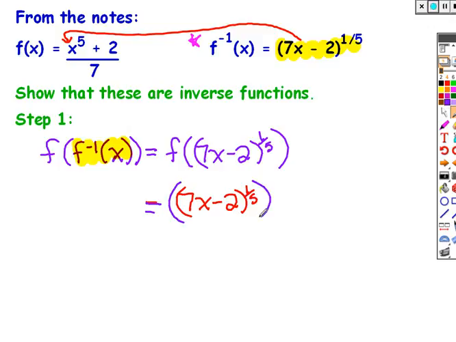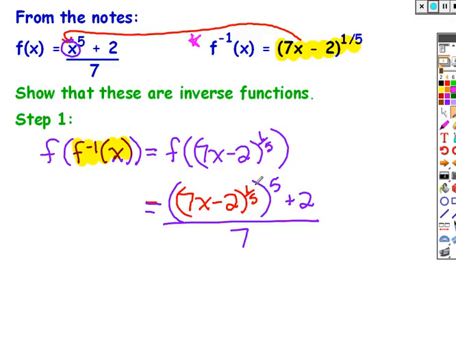So anywhere I see an x, I'm replacing it with 7x minus 2, the quantity to the 1/5 power. So I'm raising that to the 5th, I'm adding 2, and I'm dividing by 7. So there's my composite function. I'm plugging the inverse into the original. Now all I have to do from here is clean this up line by line. So don't skip a bunch of steps at once. If this is a proof, you should be doing one thing for every step.